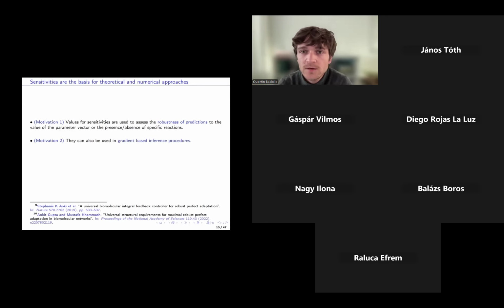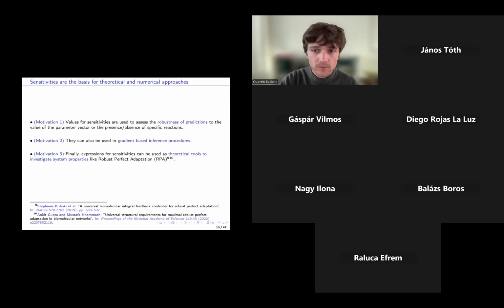A second motivation is anywhere where you need a gradient of the expectation, for example, in inference procedures, you will need the sensitivities. And the third motivation, which refers to the theoretical approaches which I'm mentioning in the title, is that if you have a representation of the sensitivities, especially in the stochastic modeling framework, you can investigate system properties like robust perfect adaptation.